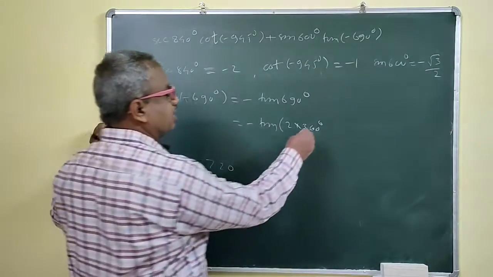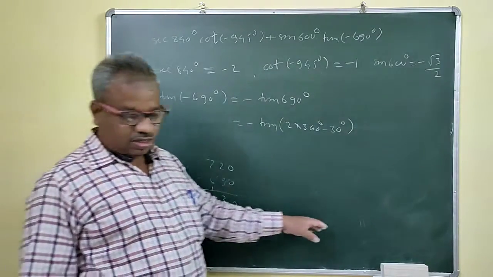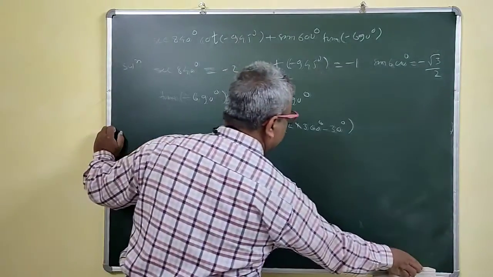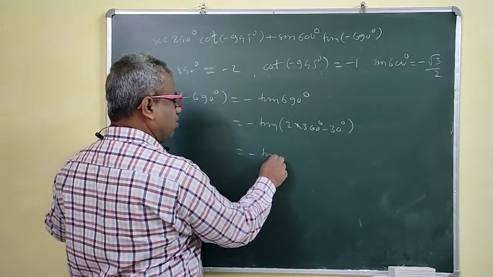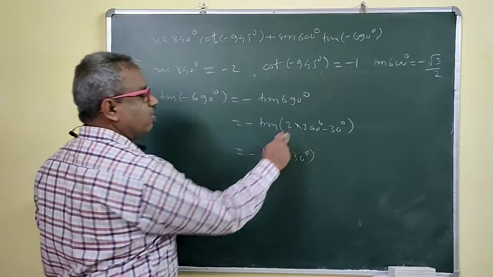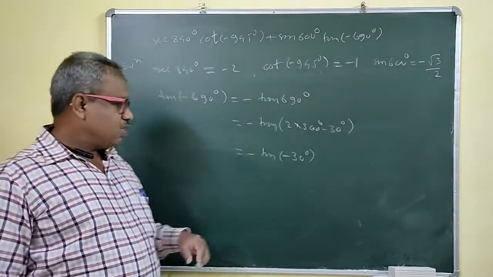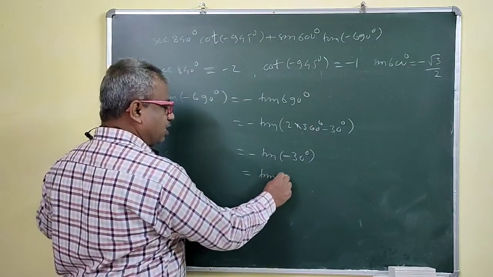So minus 30 degree. Then the direct value we get is minus tan of minus 30 degree, because this is in terms of 4 pi now. Right? So minus minus become plus. So this is tan 30 degree.